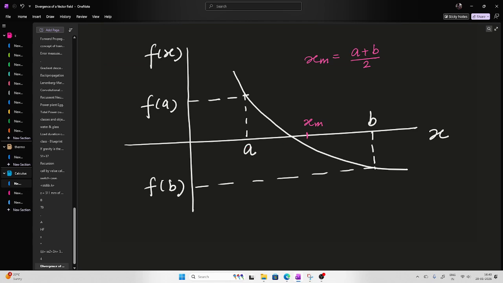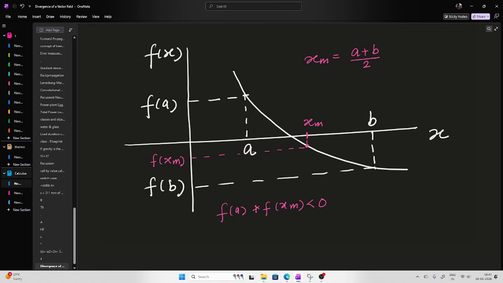Now I evaluate the value of the function at this point again, and this will be f(xm). Now, if fa times f(xm) is less than 0, as the picture is showing us, then it is certain that the root will be in between a and xm, not in between xm and b.